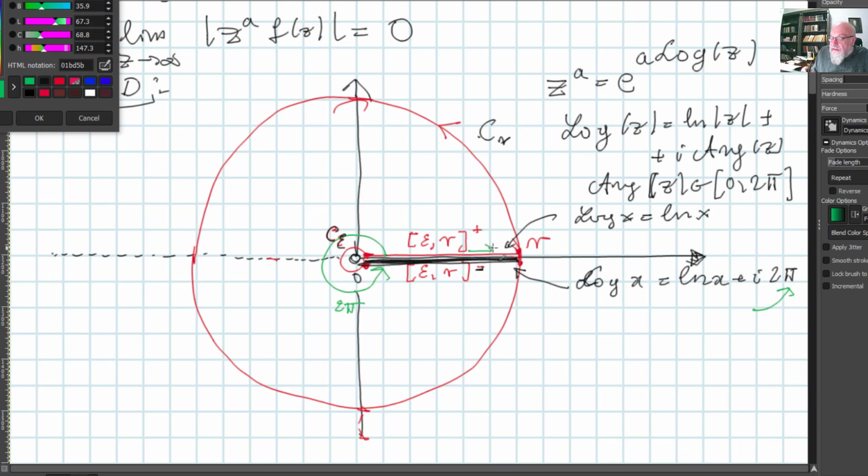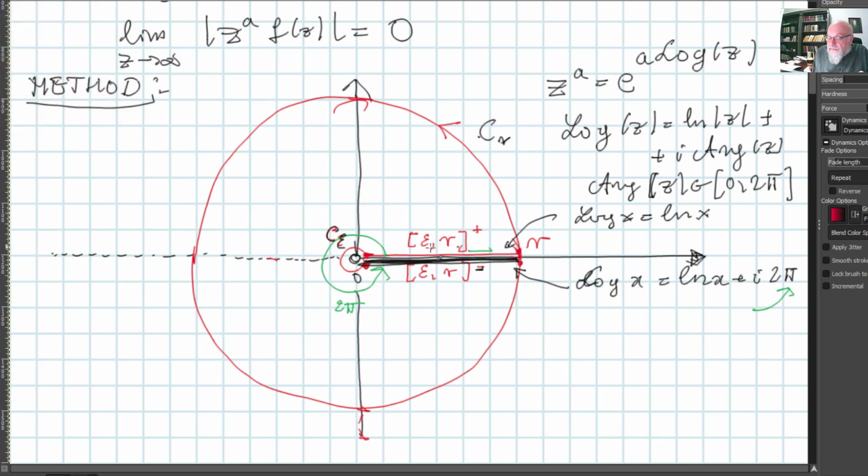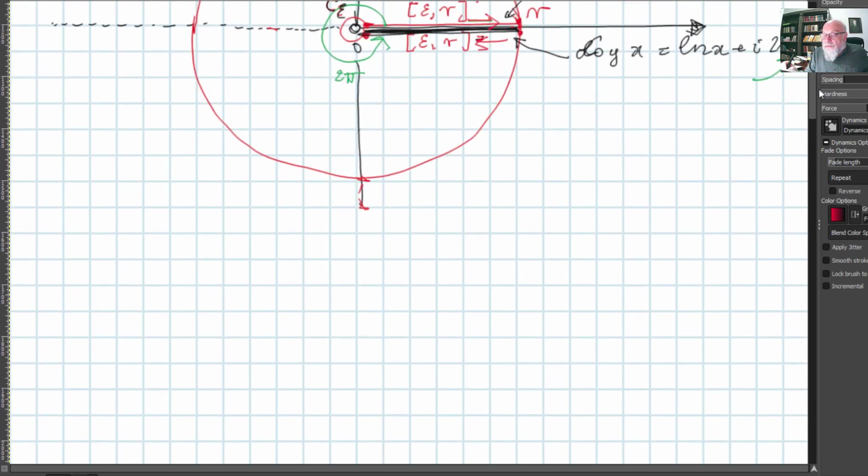We start in this direction. Then we go that direction, this way. And then we arrive here and we go in the opposite direction, that way. So what I'm going to do is integrate our function, which will be a complex function.